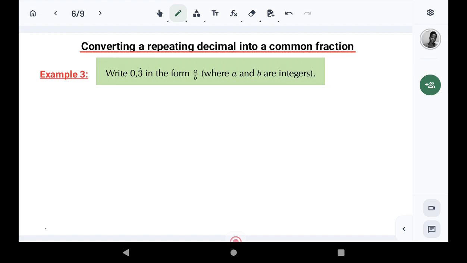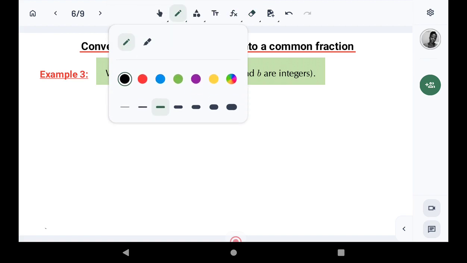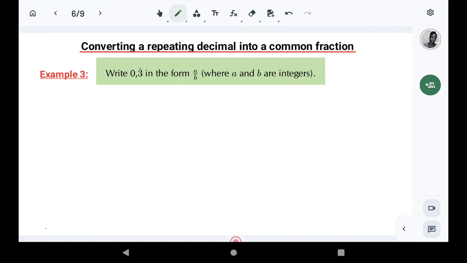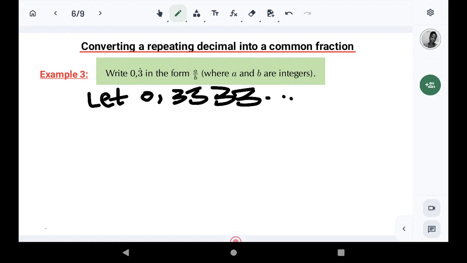We let x equal 0,333333, that is a decimal number that is recurring. Let x equal to that.